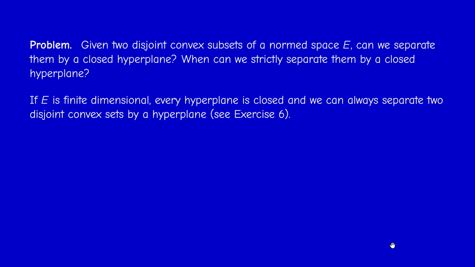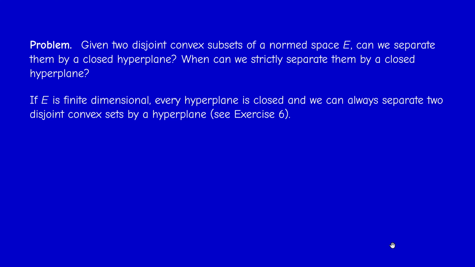If E is finite dimensional, then every hyperplane is automatically closed, because the linear map defining it is automatically continuous. And we can always separate two disjoint convex sets by a hyperplane. This is proved in exercise 6 of this chapter.